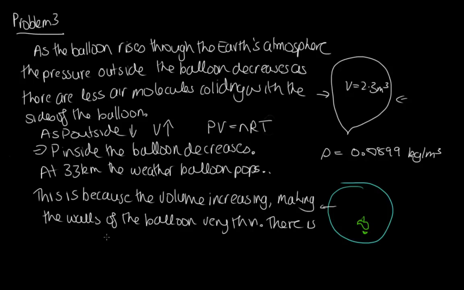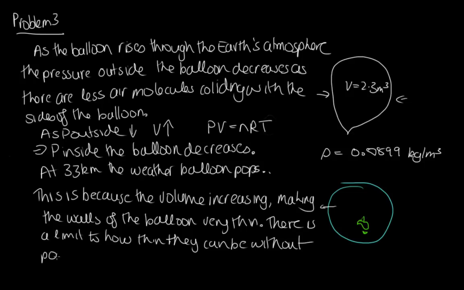There is a limit to how thin they can be without popping. So if you wanted to go higher than that, you're going to need to make stronger walls on your balloon. So it pops basically for the same reason that if you blow up a party balloon, it pops when it gets above a certain volume.